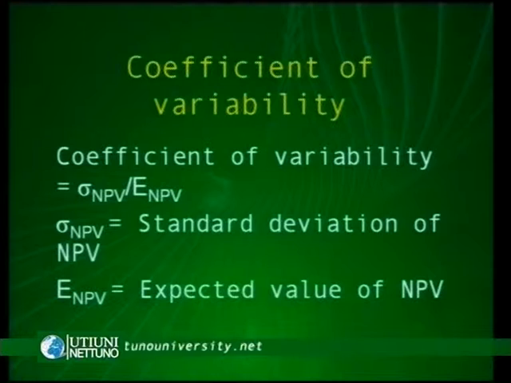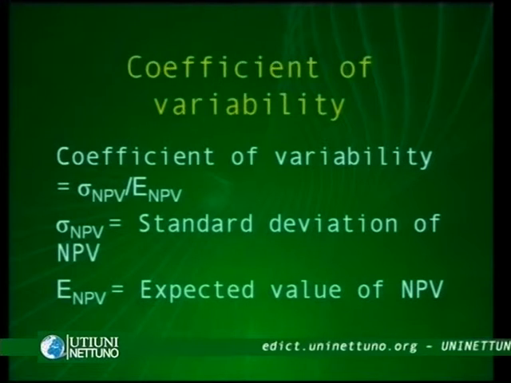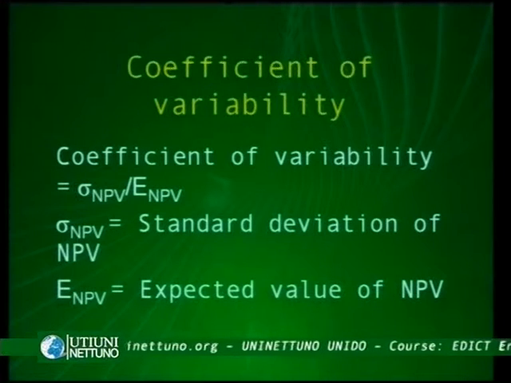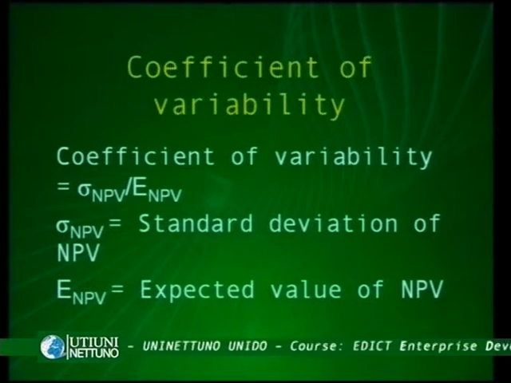So if we want to have a measure of relative risk, and from a statistical point of view we want substantially to standardize the standard deviation for the level of the expected value of the variable of interest, we have to divide the standard deviation by the expected value, in this case of the NPV, that is our critical variable. In this way, we are basically cleaning the effects of the expected value on the standard deviation. We have a clearer and more comparable measure of relative risk of a project.